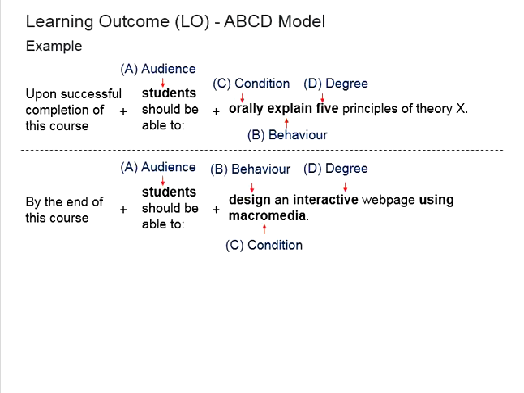There is a time constraint, which is by the end of this course. If the students cannot produce the said website by the end of this course, when the assessment is being carried out, that means this student is considered not attaining the learning outcome. This is how we construct the learning outcome and how we interpret the learning outcome.